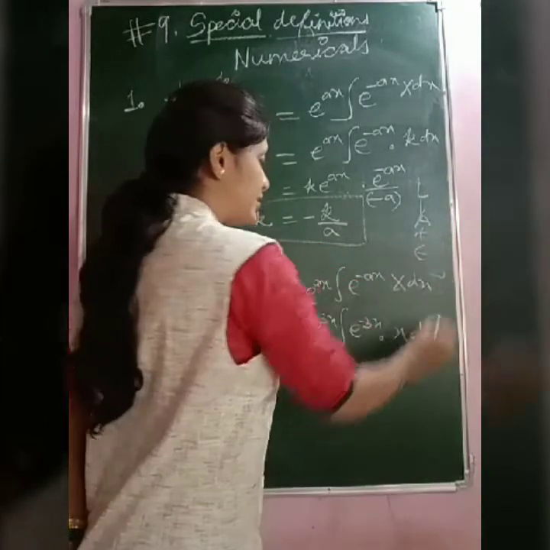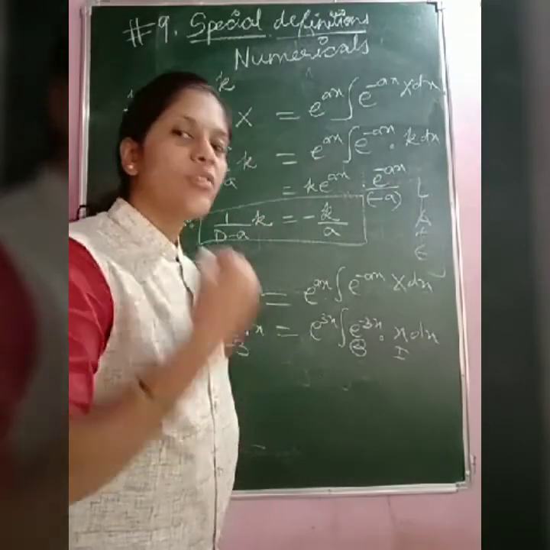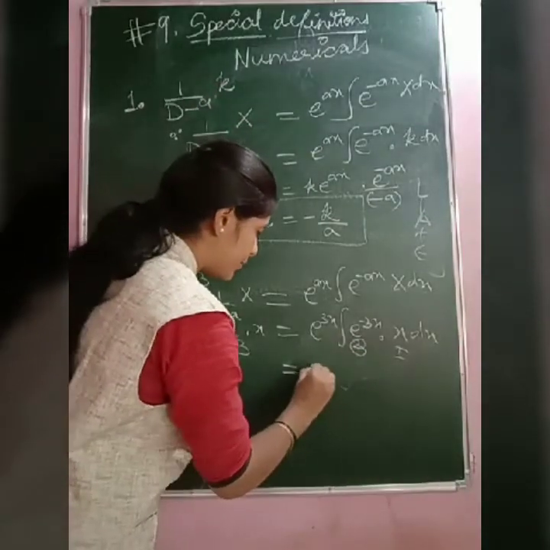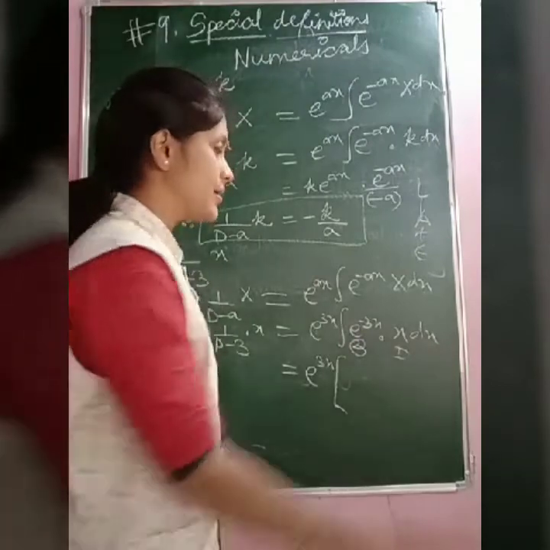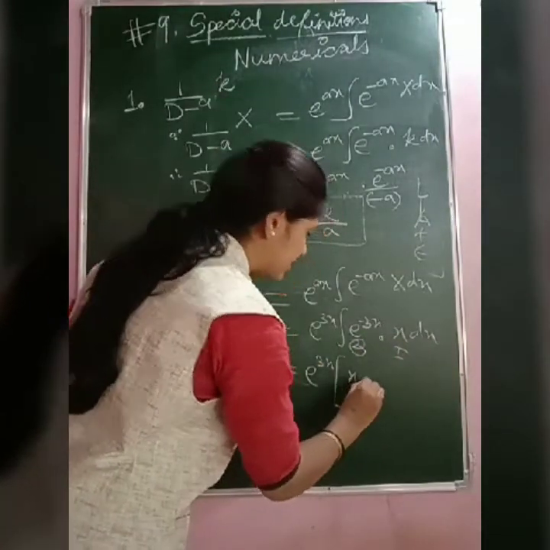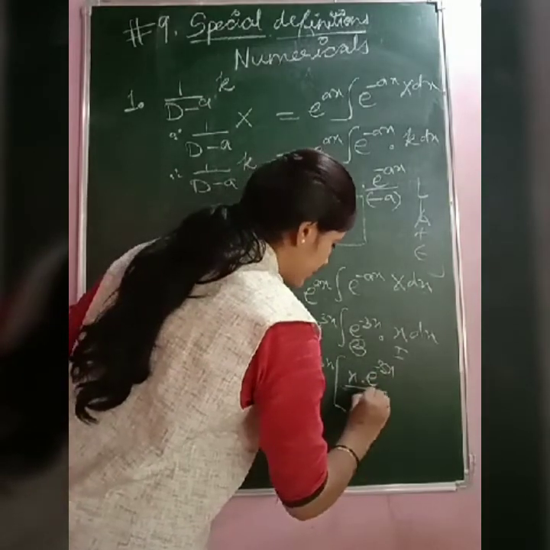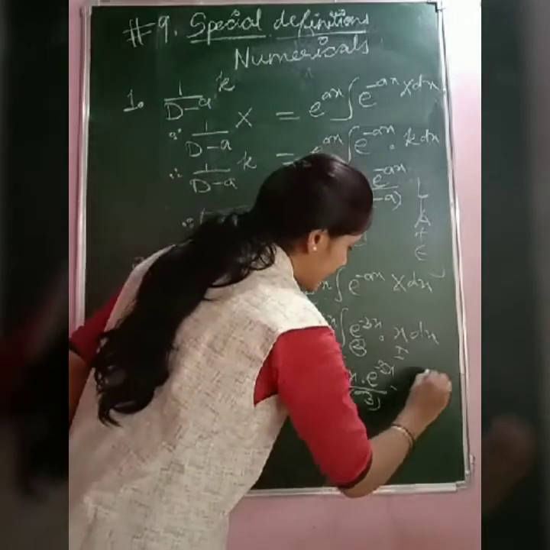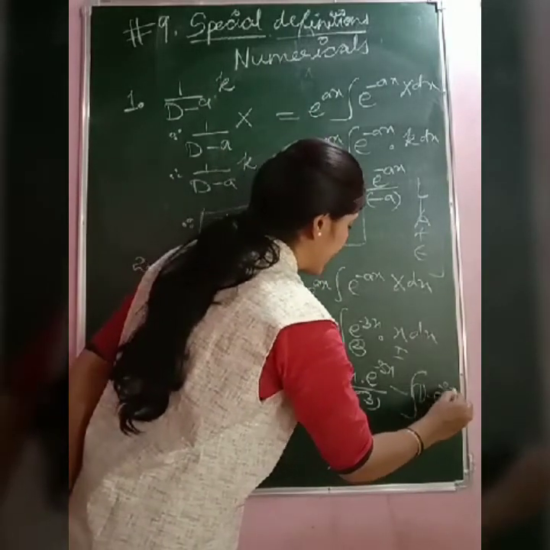Now we have to follow the Liate rule. According to this, this is my second function, this is my first function. Already we know integration by parts, right? So this is nothing but e raised to 3x as it is. Again integration by parts: first function as it is, integration of second function, with coefficient minus 3, minus under integral sign, derivative of first, integration of second.